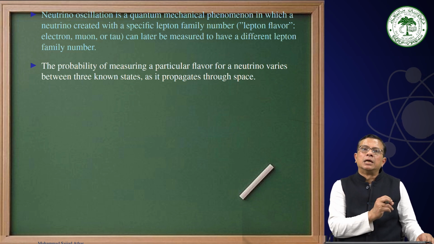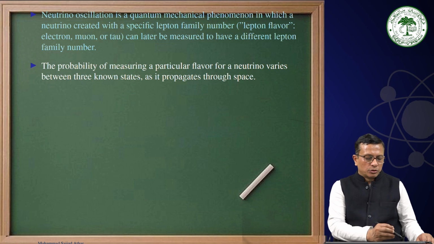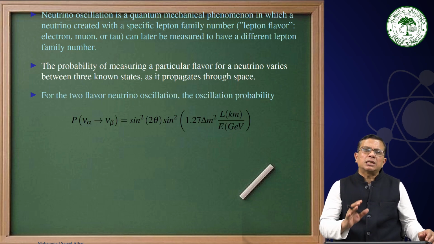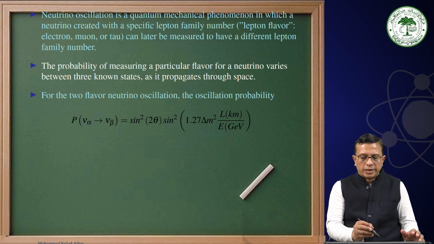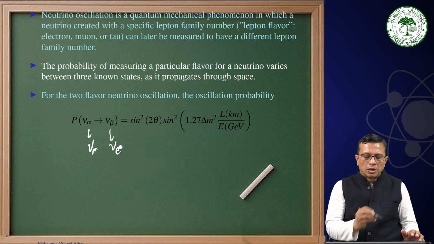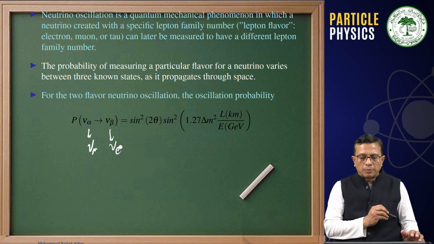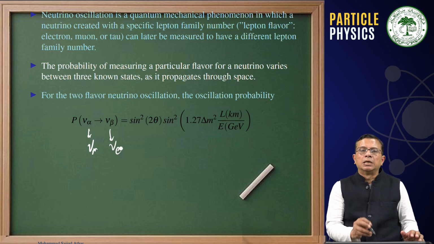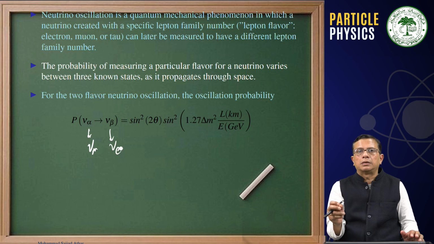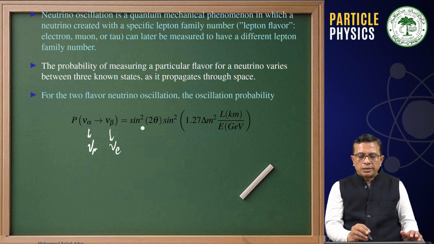If we say that there are three flavor neutrino states, and we consider just two flavors, where alpha can be a muon type neutrino or an electron type neutrino, then this is the oscillation probability of nu mu's transforming to nu e's, and this is sine square 2 theta times sine square this guy.